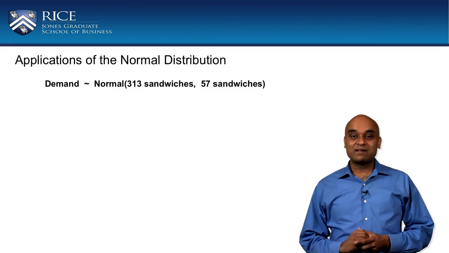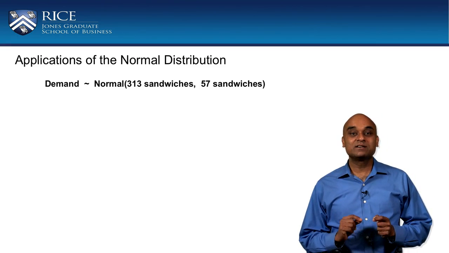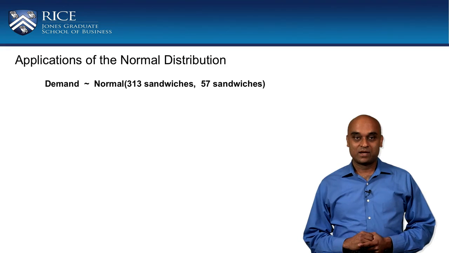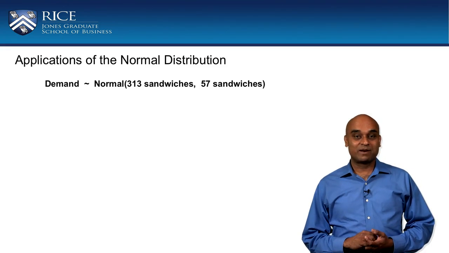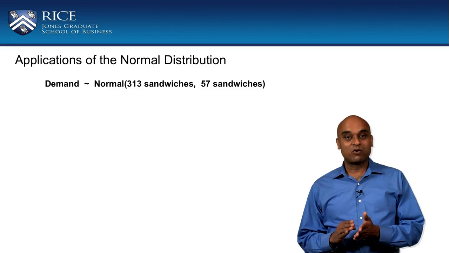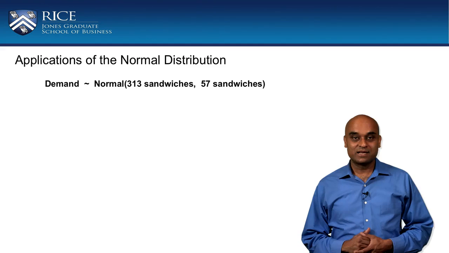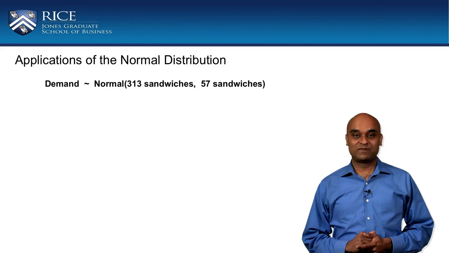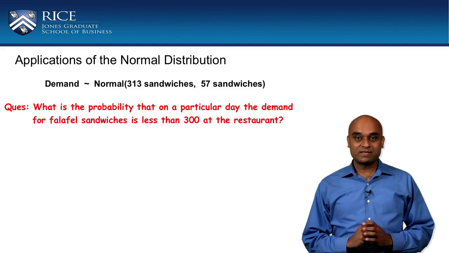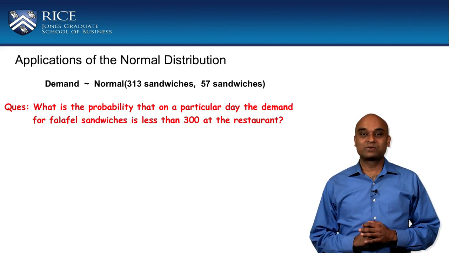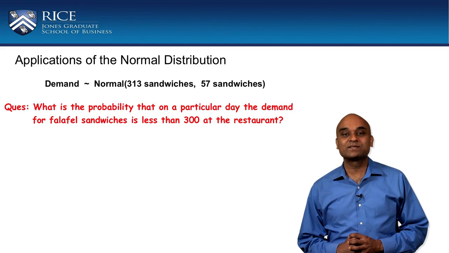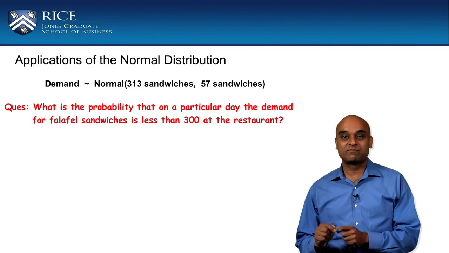Further, the random variable of interest is the demand for sandwiches. So, we can write that random variable as demand follows a normal distribution with mean 313 and a standard deviation of 57. Given this, the answer to this part of the question simply becomes an application of the norm.dist function.